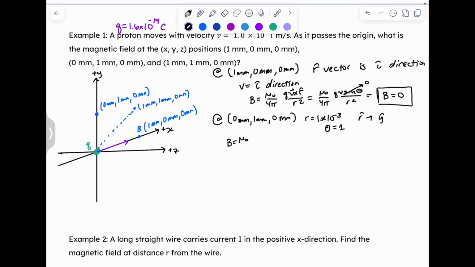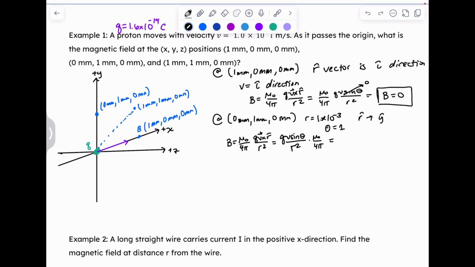So B equals mu naught over 4 pi, q v cross r hat over r squared, and that simplifies down to q v sine theta over r squared times mu naught over 4 pi.